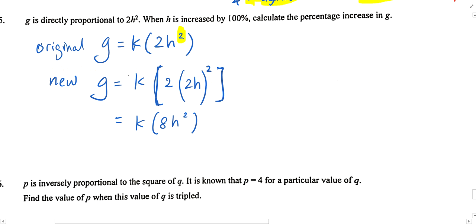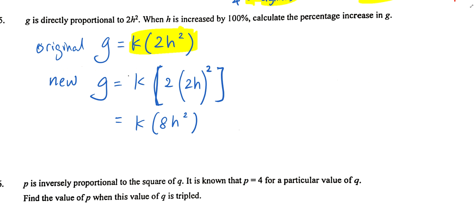Then, like I said, I always want to see the original G appear in my new G because I try to do a comparison. Can you see a k bracket 2H square inside our new G? But you need to do something to the 8, right? What do you need to do with the 8? 8 becomes what times what? 4 times 2, 2 times 4, isn't it?